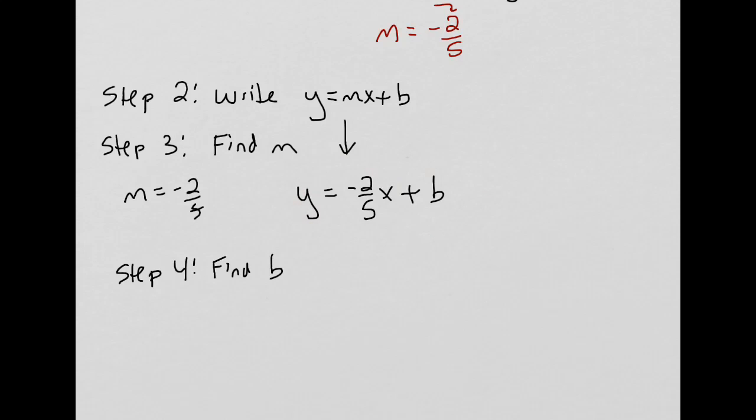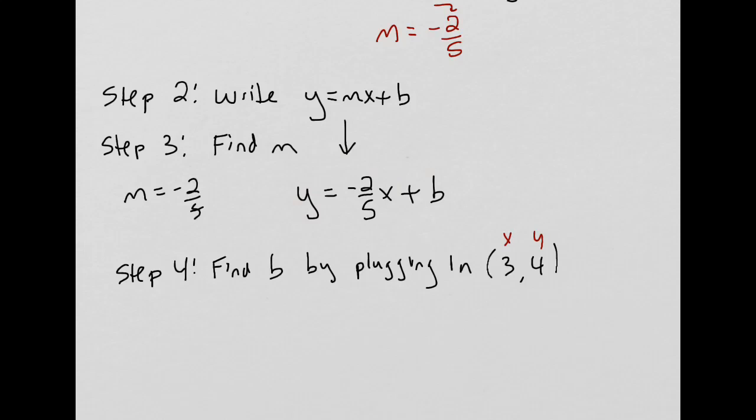So our next step is to find b by plugging in the x and y coordinates of a point on our line. So again, that 3 is an x, the 4 is a y. So we're going to take 4, plug it in for y.